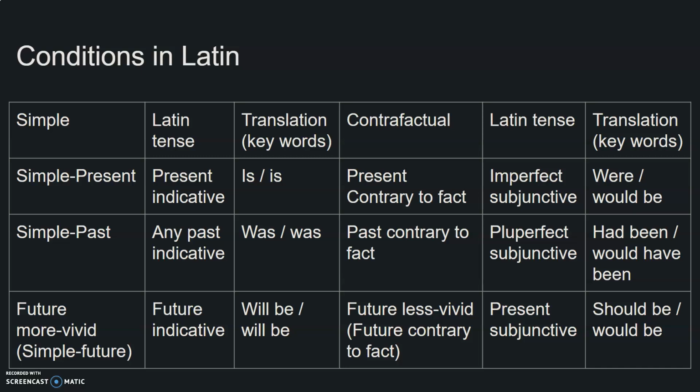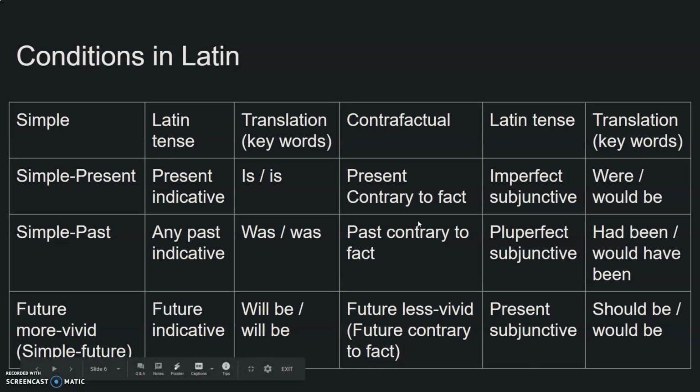And the closest Latin tense we have in time to the future is the present. So in future less vivid, we have to use the present subjunctive. Notice future more vivid uses a future indicative, but we don't have a future subjunctive, so we have to shift all of our tenses just a little bit. So future less vivid uses a present subjunctive.